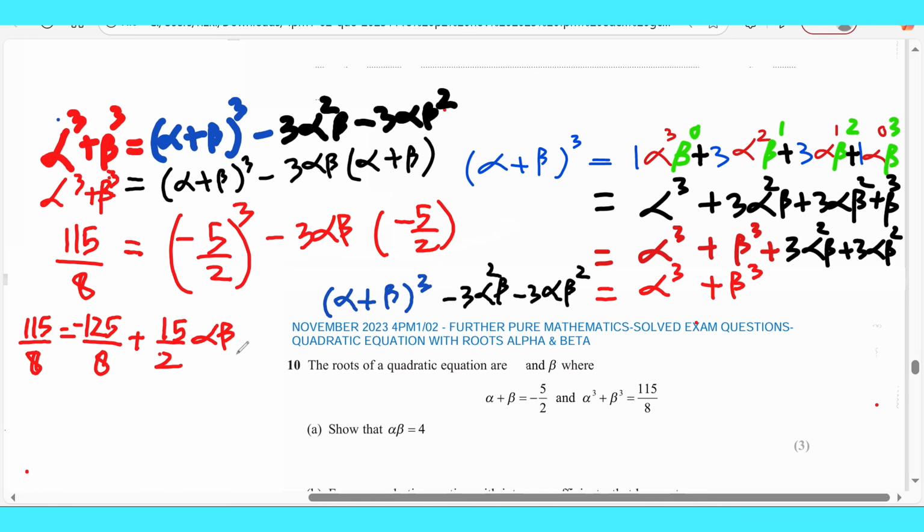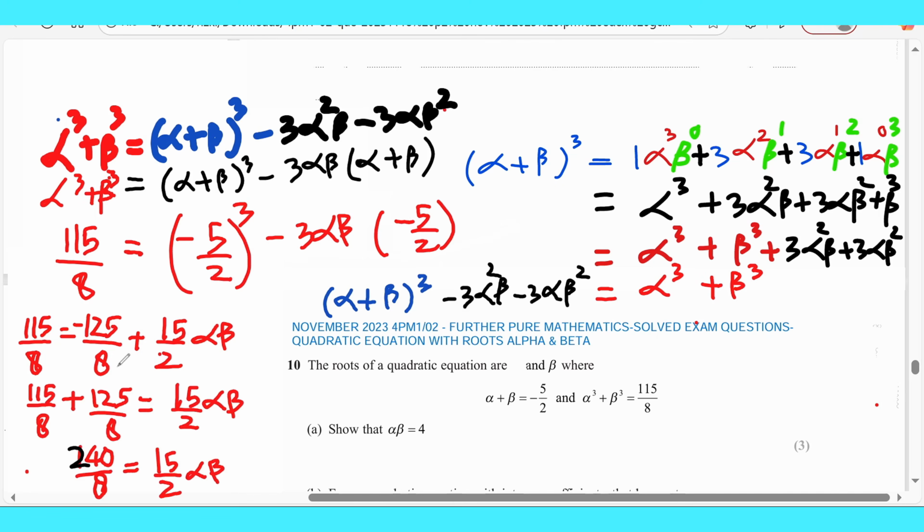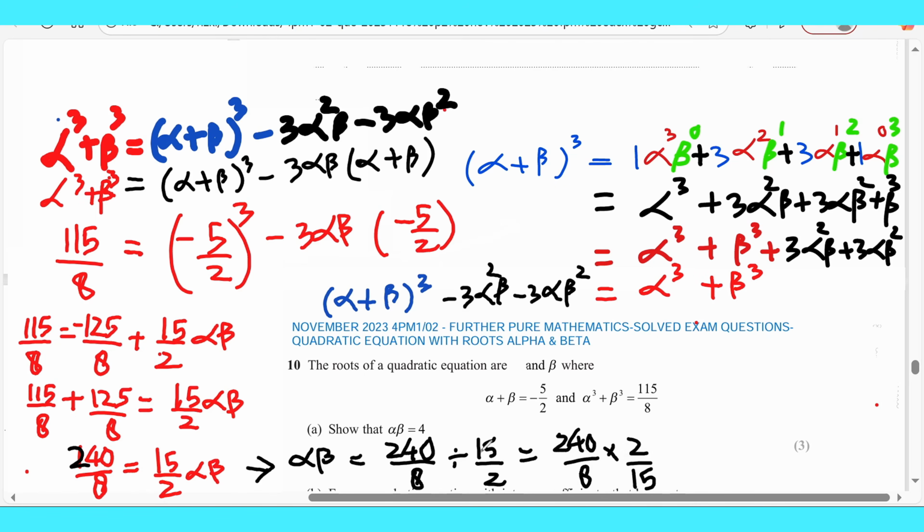Now time to isolate the alpha beta. So guys, we move -125/8 to the left, then it becomes an addition. So we add, 115 plus 125 becomes 240/8, and equals 15/2 alpha beta. Now we set alpha beta as our subject, so we have alpha beta equals 240 over 8 divided by 15 over 2. Now this becomes a multiplication times 2 over 15, and we just simplify this.